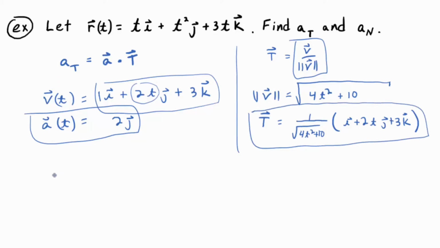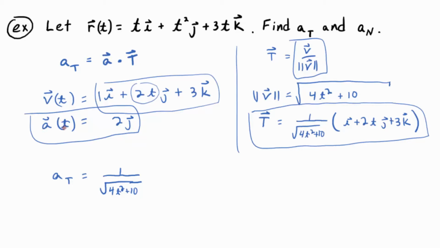So let's say this, a sub t. First of all, don't scalar multiply out that 1 over the square root. Just leave it out front, right? If you leave it out front of the dot product, you could pull it all the way out front. Then you can focus on just the components that matter.